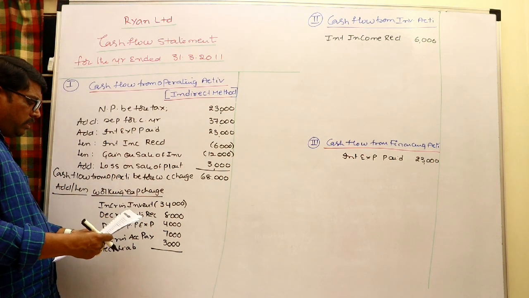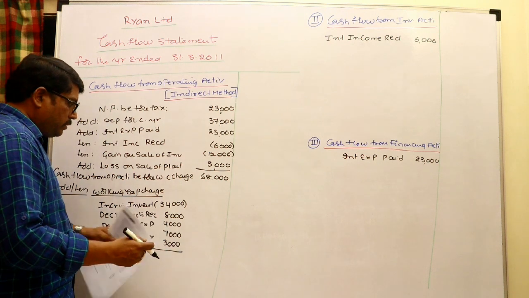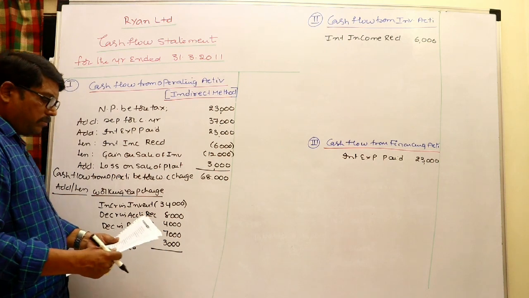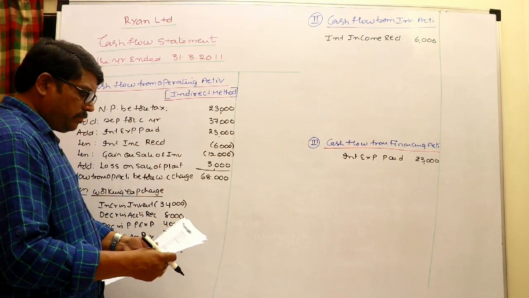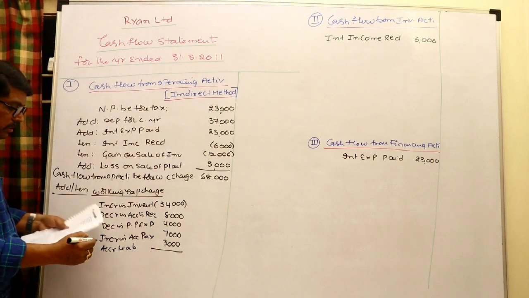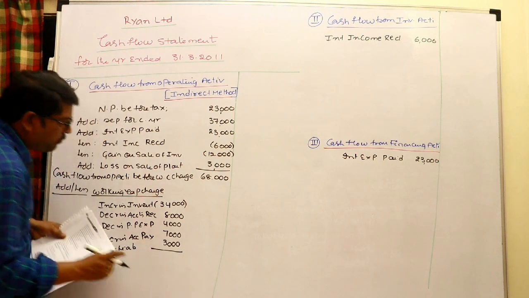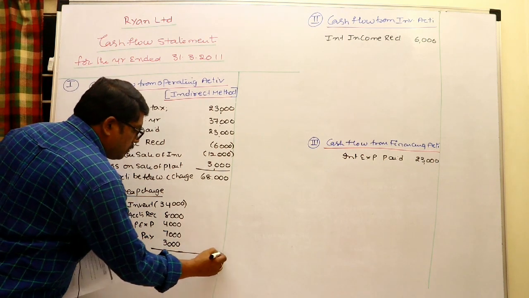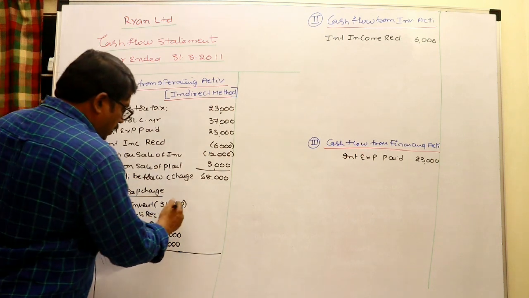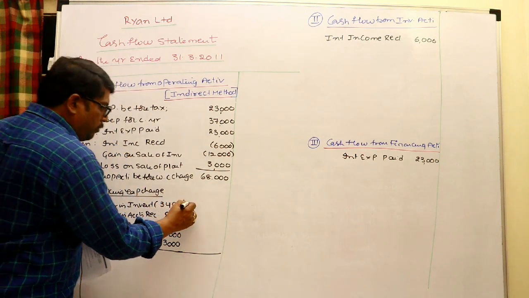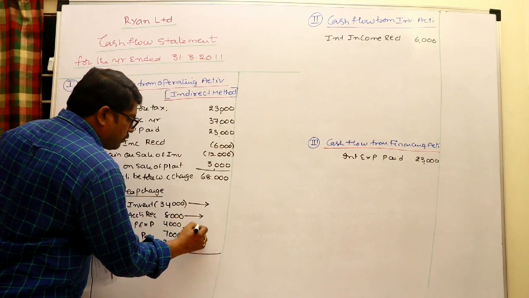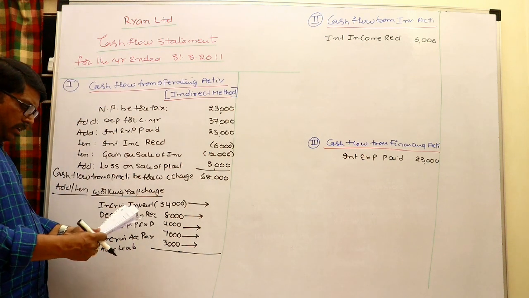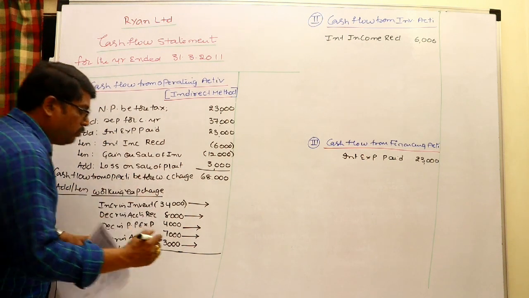It looks like 56,000. If you take the net result directly, it looks like 56,000.